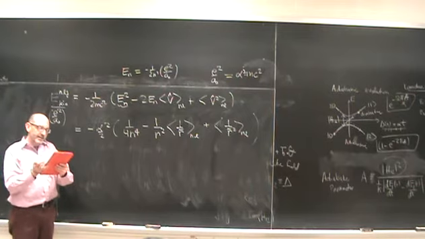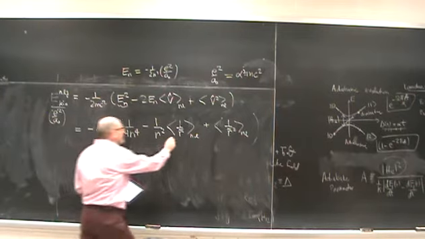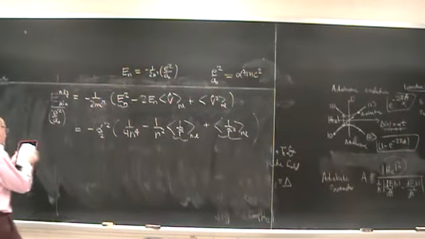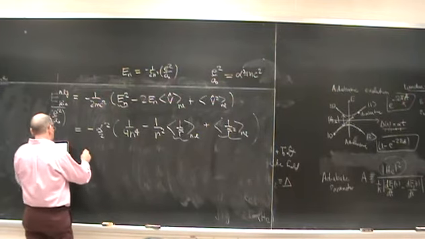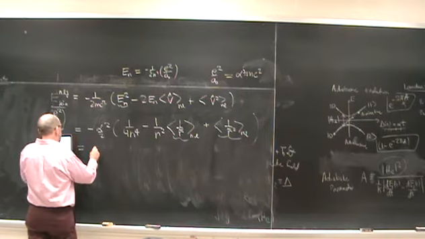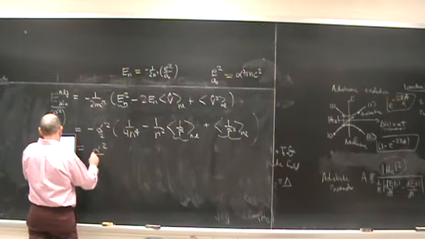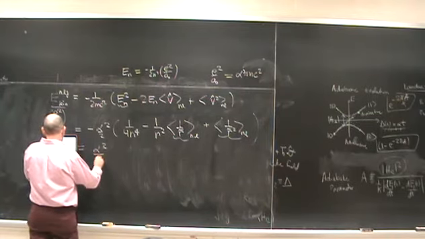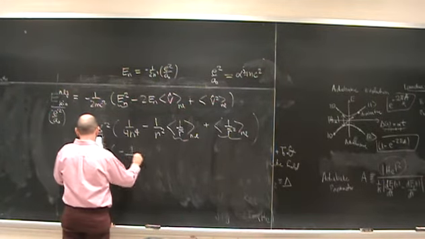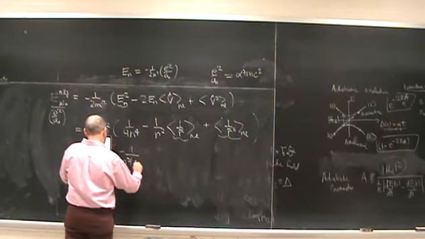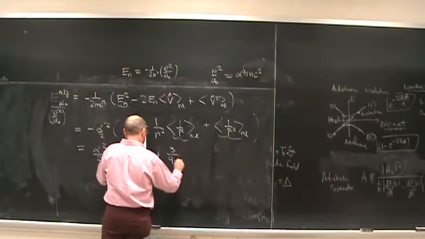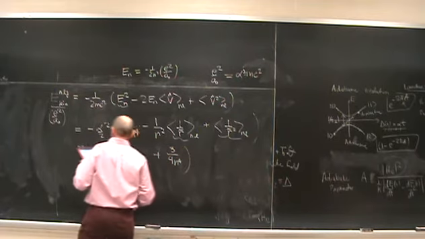The point here is the following. We have these integrals. We've done them in the past. You put it all together, and here's what you get. This is equal to alpha squared over 2 times minus 1 over n cubed plus 1 plus 3 over 4n to the 4th.